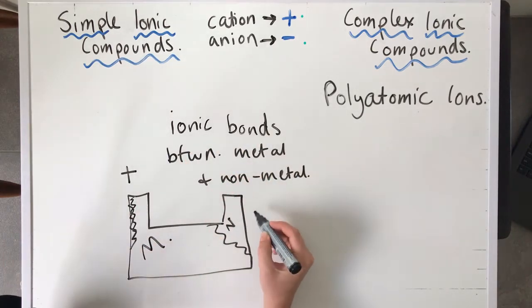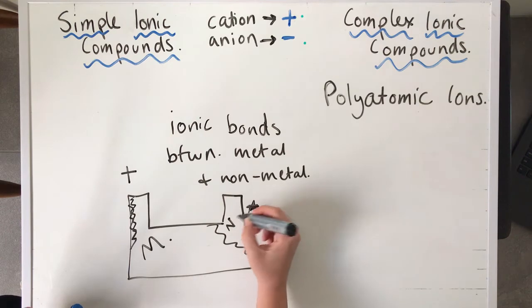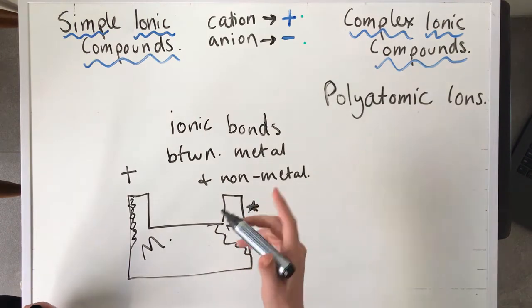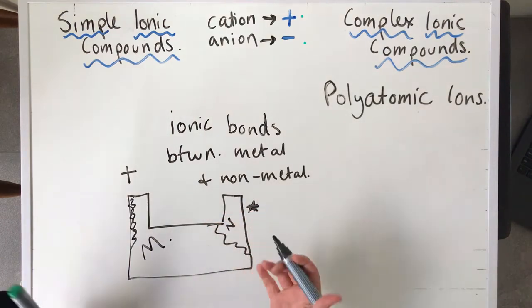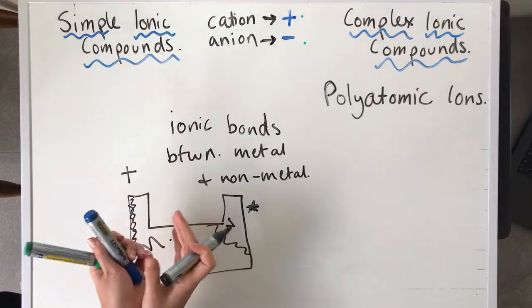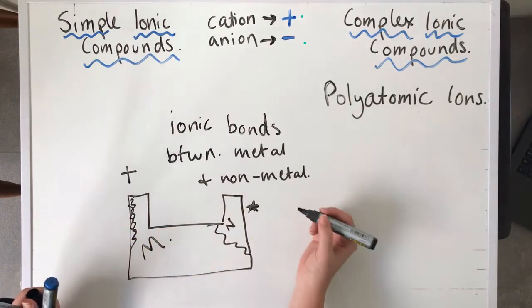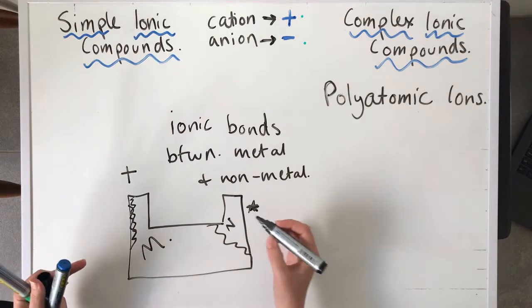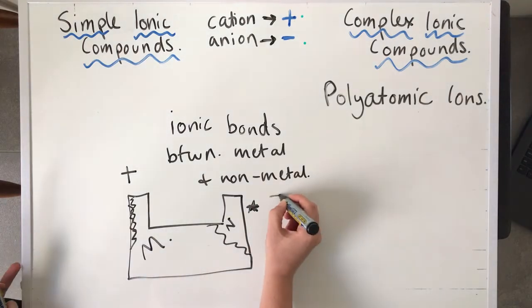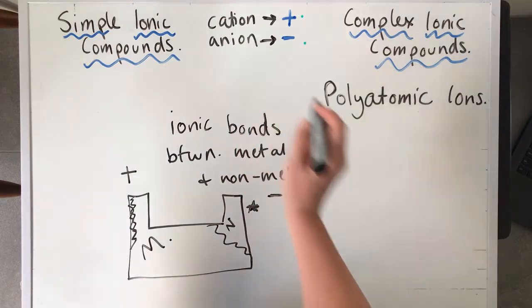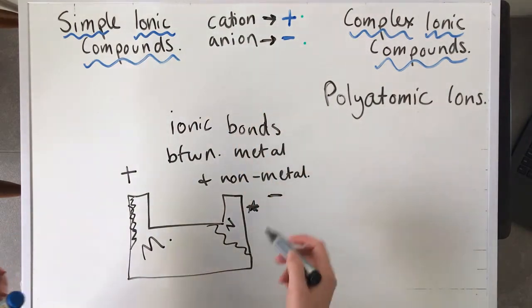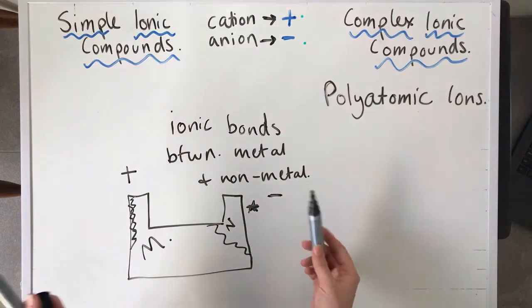Versus on the other side of our periodic table over here, where our nonmetals live, they are only a few electrons or one electron short of having a full valence shell, a full outer shell. So they would much prefer to gain a few electrons or gain one electron. When they gain an electron, they're gaining a negative charge, so they're left with a negative charge.